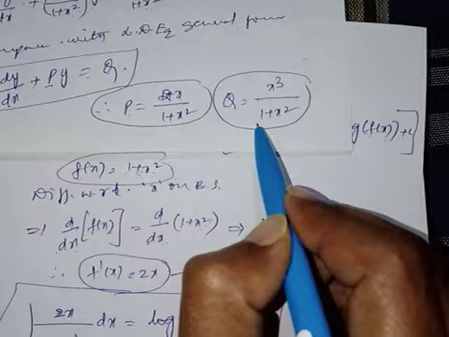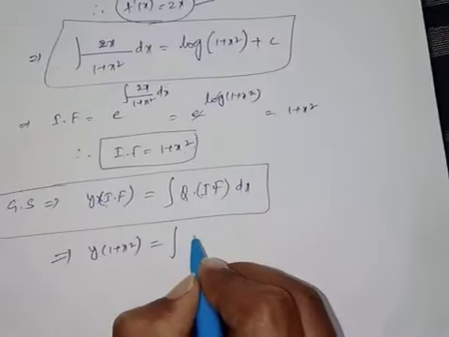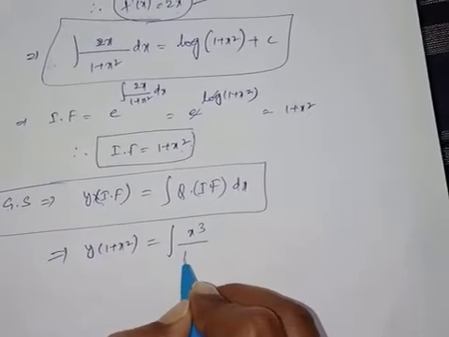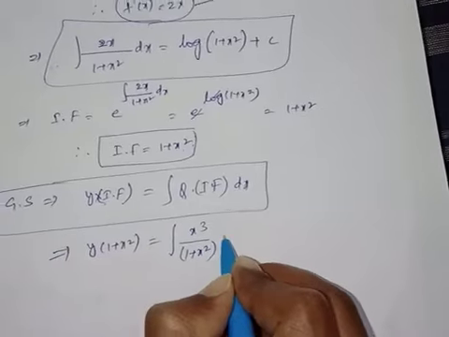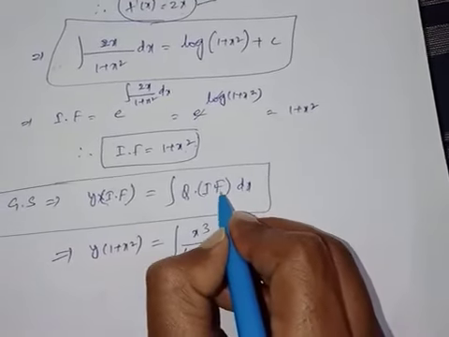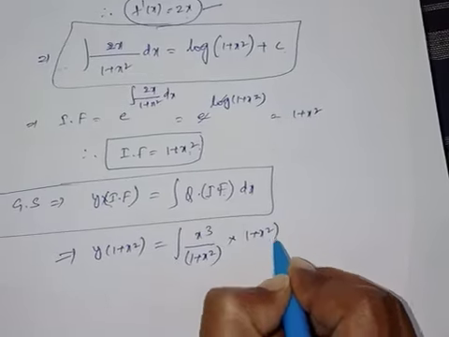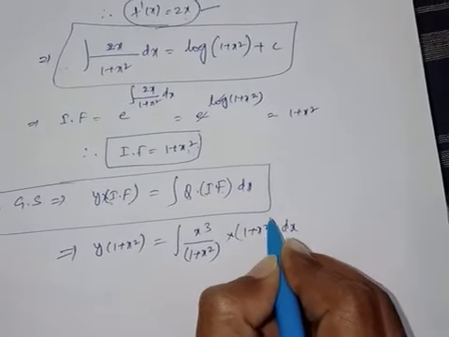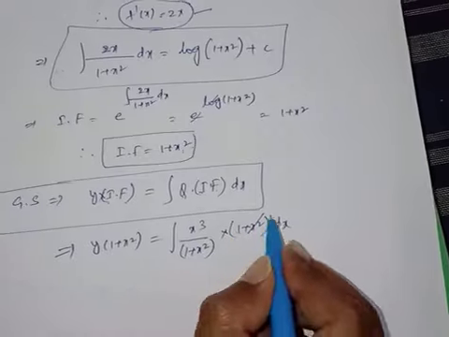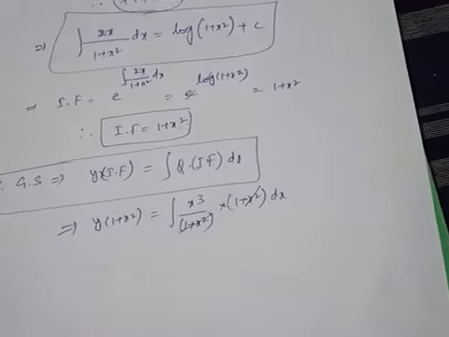What is the Q value here? Q is x³ upon 1 + x². So x³/(1 + x²) times the integrating factor 1 + x² dx. The 1 + x² terms cancel.